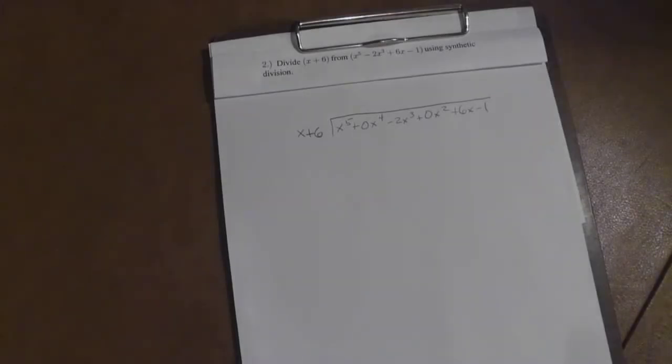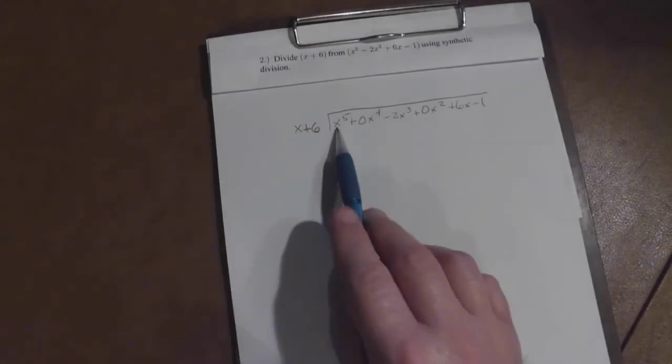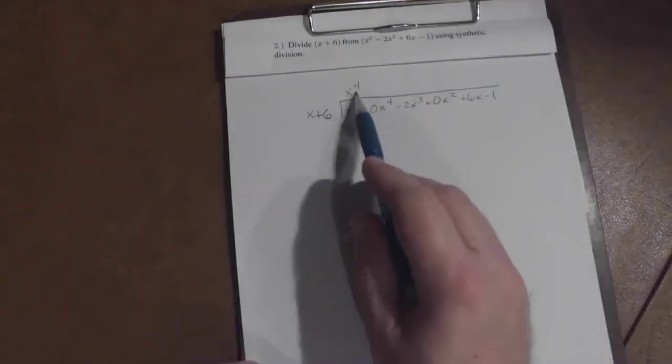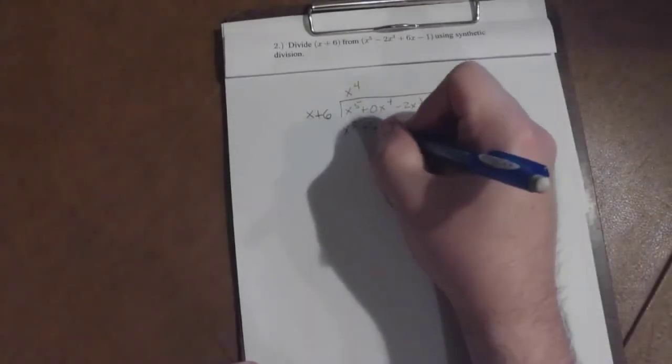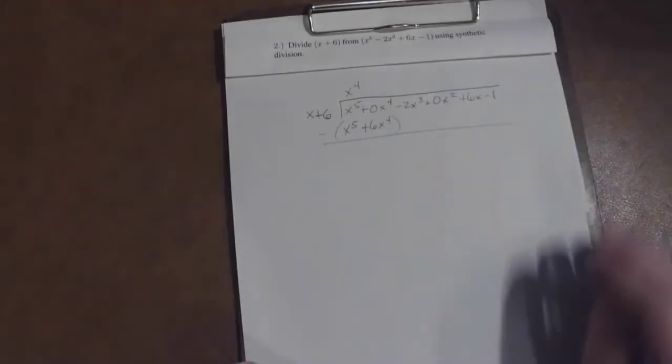All right? And as we've seen in the division process, we start by asking ourselves, what times x gives me x to the 5th? That quantity is x to the 4th. x to the 4th times an x is x to the 5th, whereas x to the 4th times the 6 is plus 6x to the 4th, where we are going to subtract that from what's above.